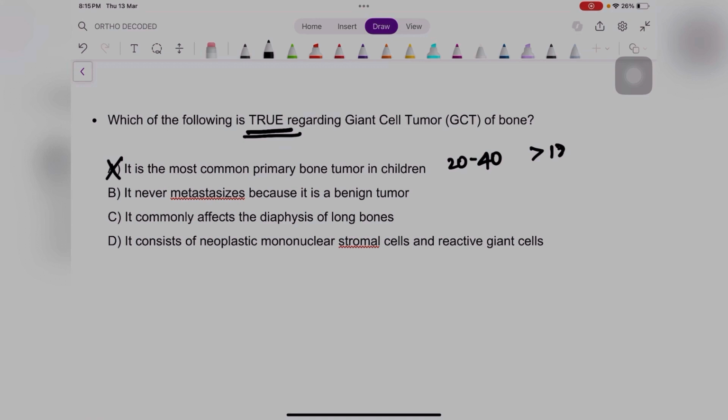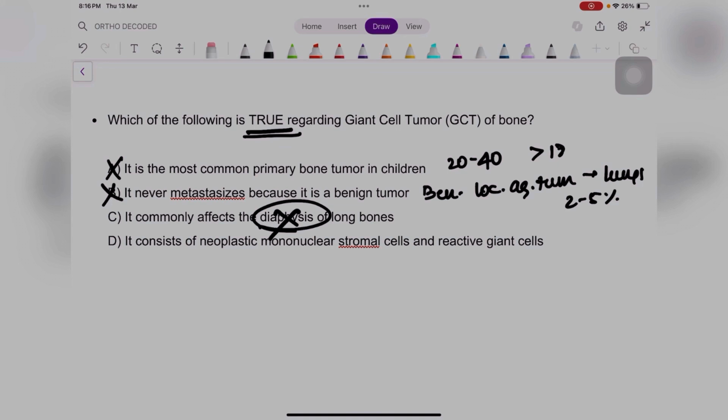So then it never metastasizes because it is a benign tumor. No, it is a benign, locally aggressive tumor which can metastasize to lungs and the percentage is around 2 to 5%. So this is also a wrong option. It commonly affects the diaphysis. Never.